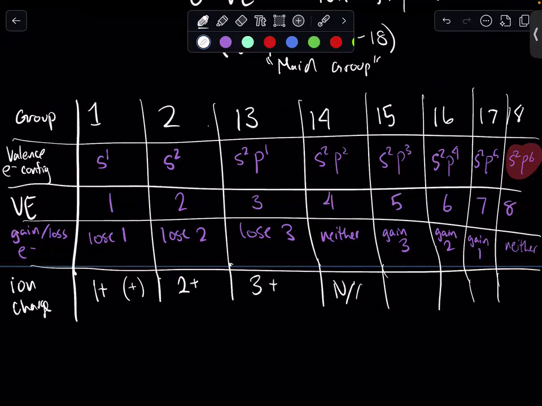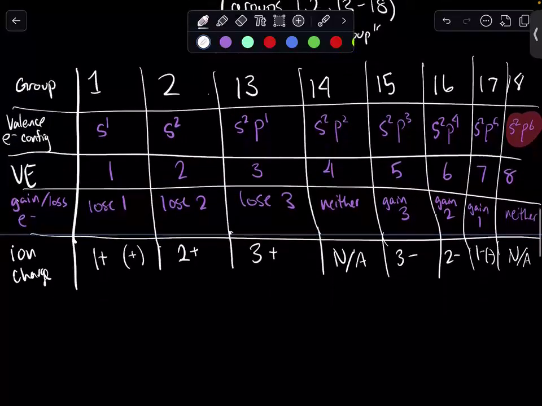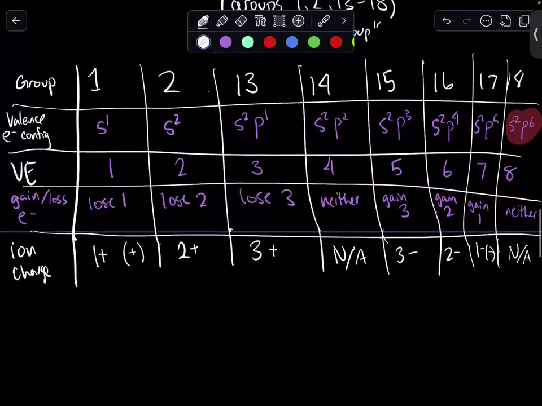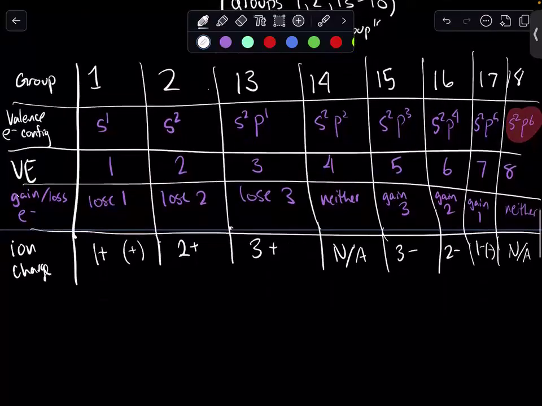This does not have a charge. This becomes 3 minus, 2 minus, 1 minus, or just minus, and no charge. So we can figure out what the charge of atoms are going to be when they become ions just by looking at their position in the periodic table and recognizing their electron configuration, which tells us all of this.